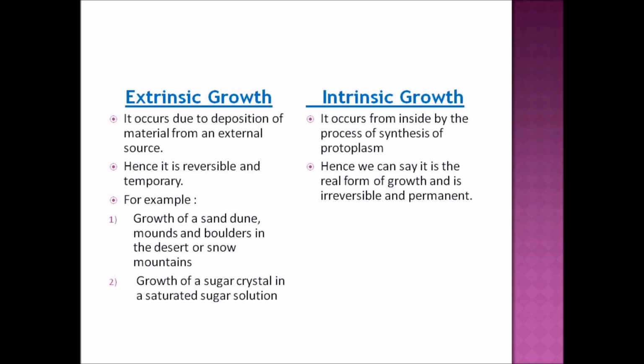But we can remove the material, and hence extrinsic growth is temporary or reversible. For example, growth of a sand dune, mounds and boulders in the desert, or the growth of a snow mountain. The growth of a sugar crystal in a saturated sugar solution are examples of extrinsic growth.